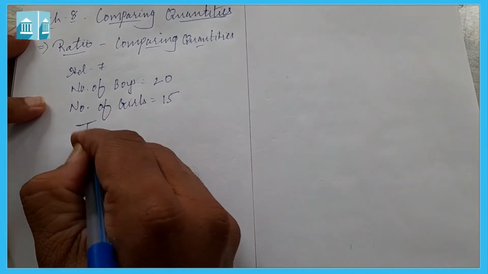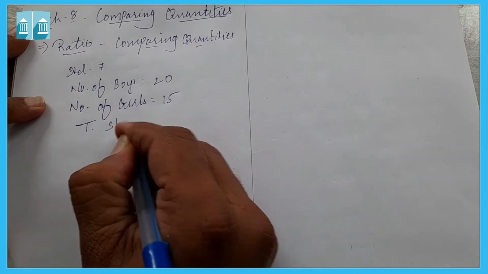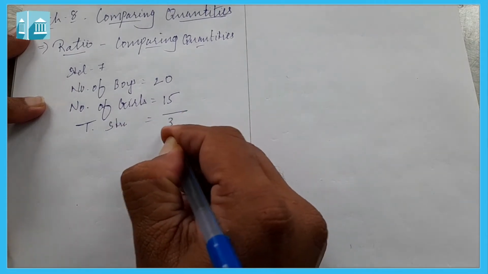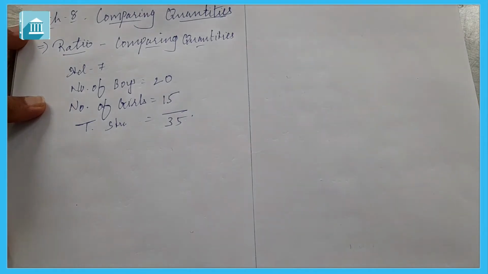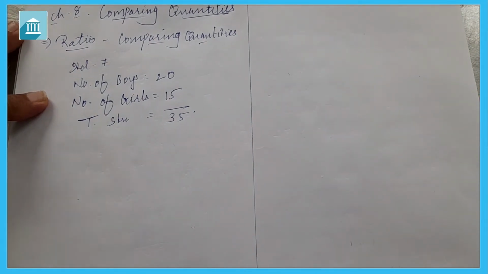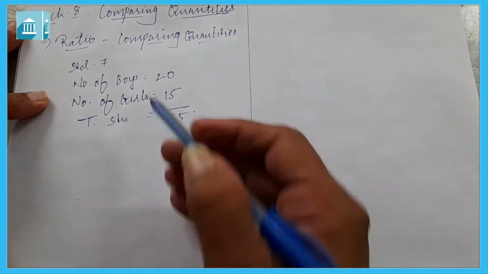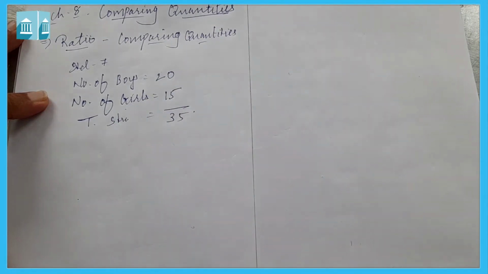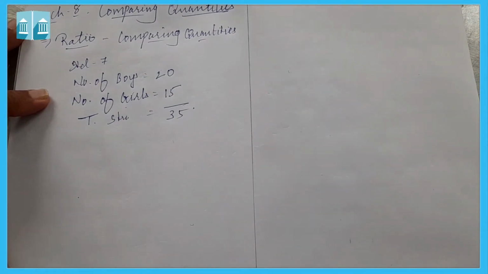So the total number of students is equal to 35. Now if we want to find out the ratio of girls to boys, or boys to girls, or boys to total, then let us see this. You had already done all this in 6th standard. Here we are just doing the revision.